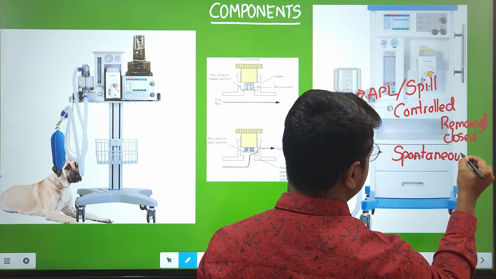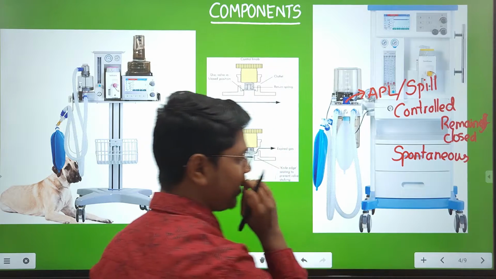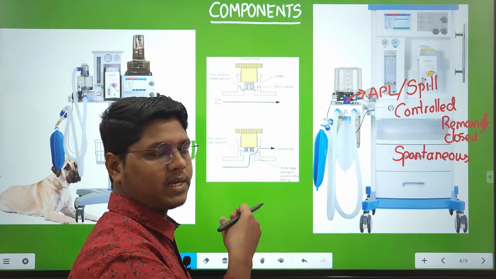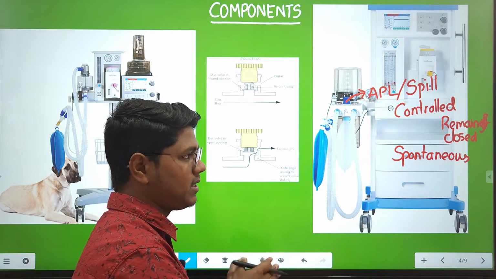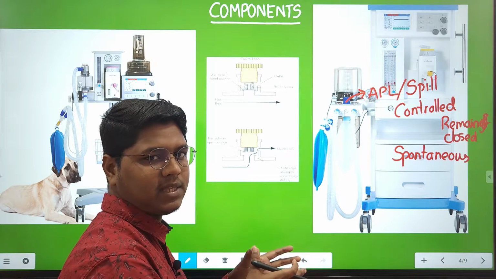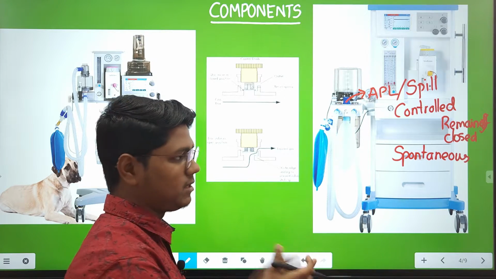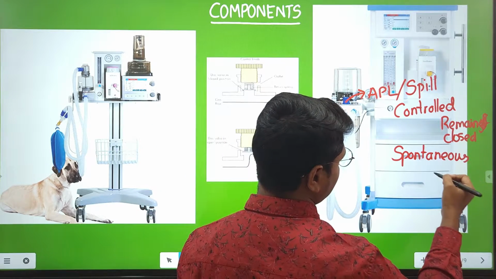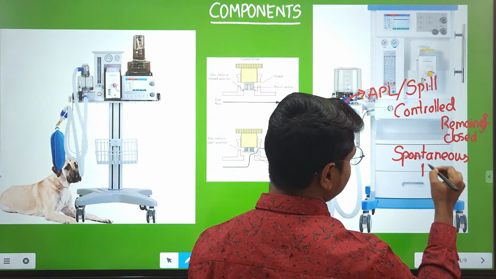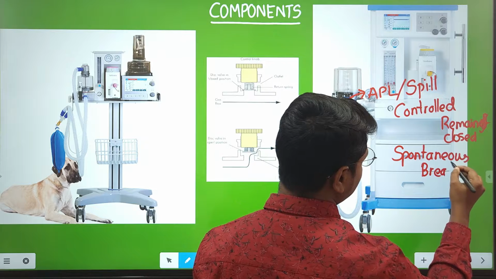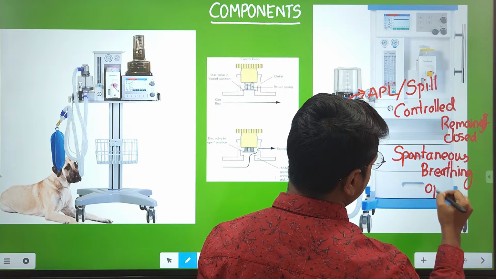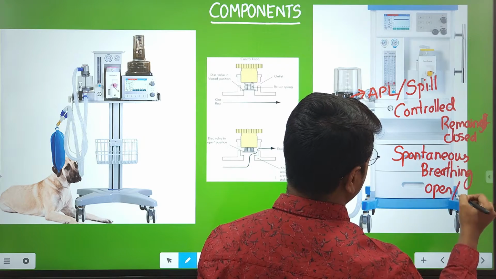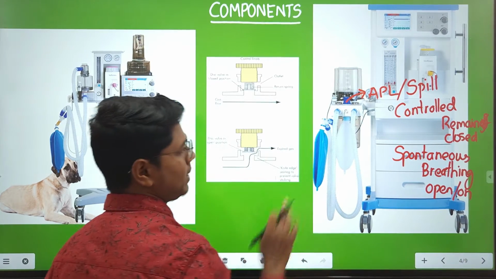Spontaneous ventilation means the patient is breathing on its own. In controlled ventilation, you are providing the breathing, you are providing the gas or helping the animal to breathe. In spontaneous breathing, it should remain open, or on. Okay, this is the APL valve.